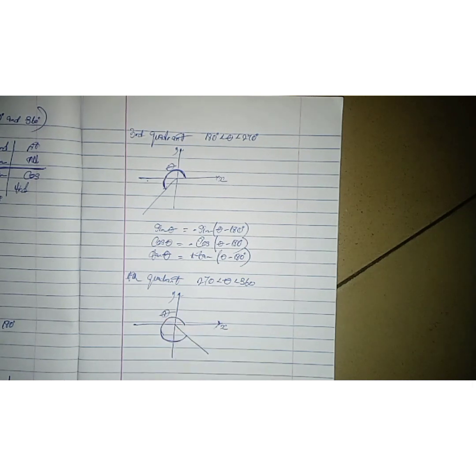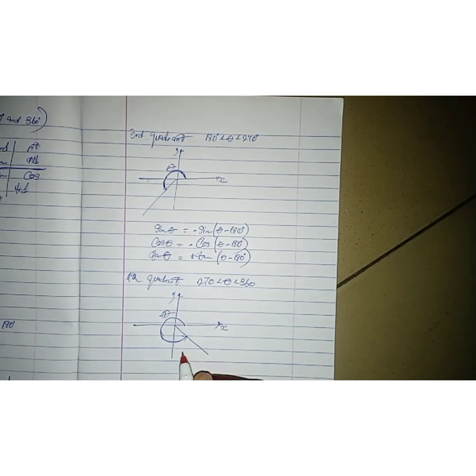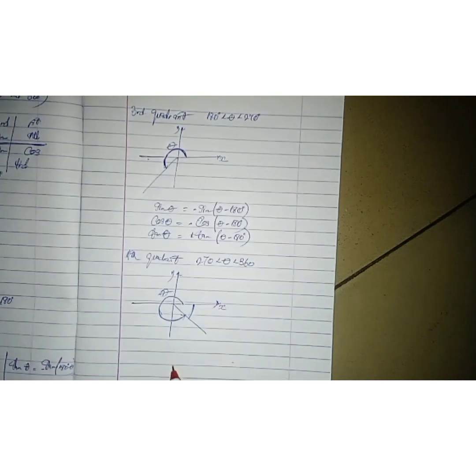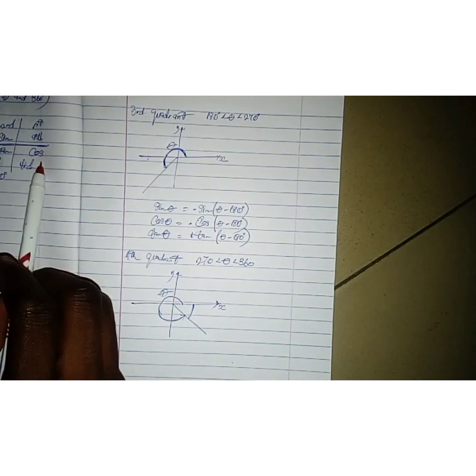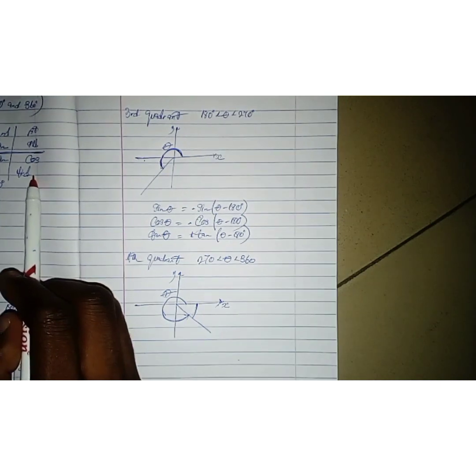So you see that to find this one that is touching the horizontal, you won't look for this one. It is this one that is touching the horizontal you will look for. So at the fourth quadrant, we know that cos theta is the only one positive, right?